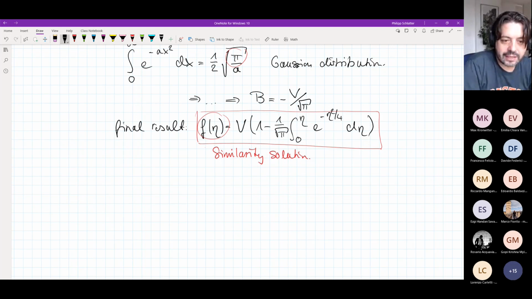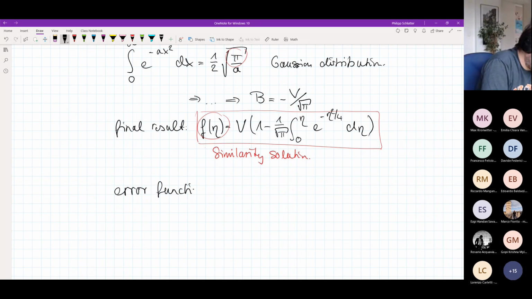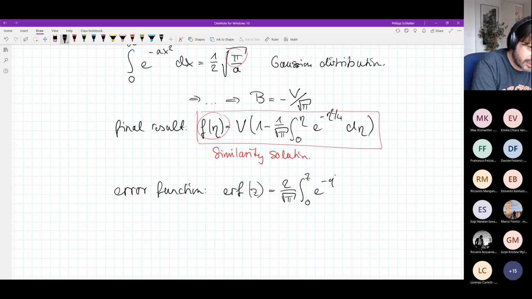Namely, we can rewrite this as an error function. So keep in mind, or remember, that there is something that is called an error function. The error function as a function of the variable z is defined as 2 divided by the square root of pi, the integral from 0 to z of e to the minus q squared dq.